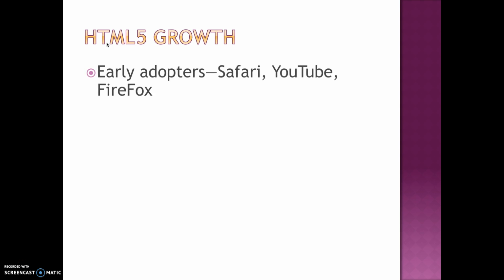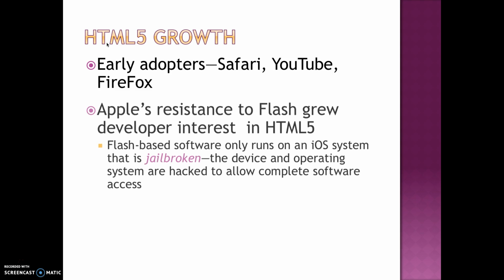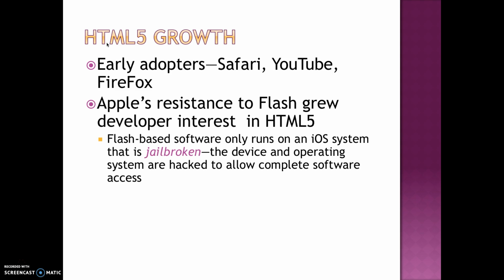Its growth and how it came to be about. Early adopters were Safari, YouTube, and Firefox. Steve Jobs made it clear that Flash would not be allowed to function on Apple products. And because Jobs had such a strong resistance to Flash, a lot of developer interest in HTML5 grew.